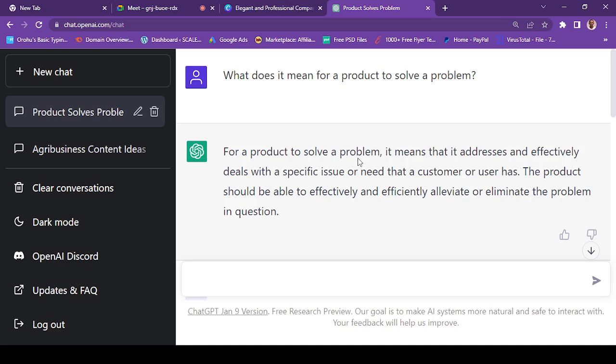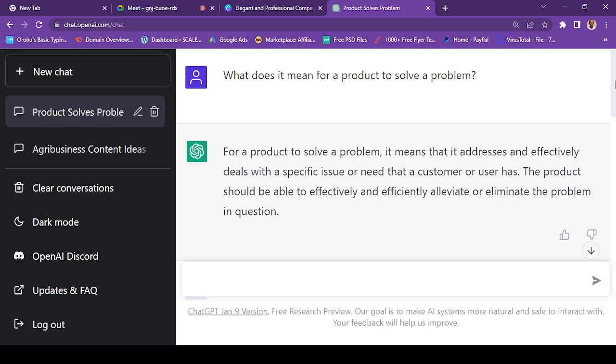For a product to solve a problem, it means that it addresses and effectively deals with a specific issue or need that a customer or user has. The product should be able to effectively and efficiently alleviate or eliminate the problem in question. Now, I want you to picture this concept. I asked this website a question, and the website gave me a clear description of what I want.